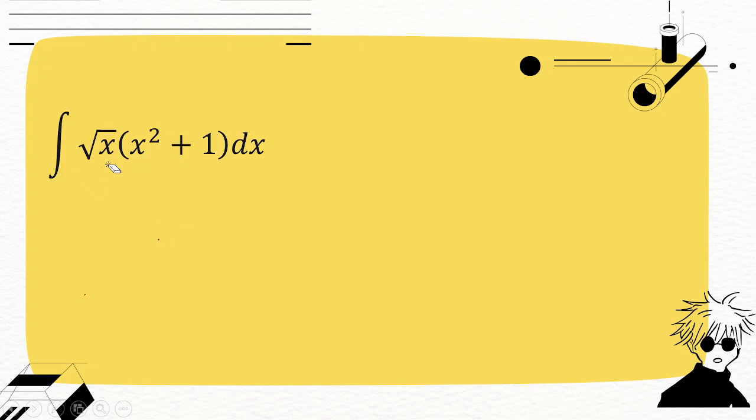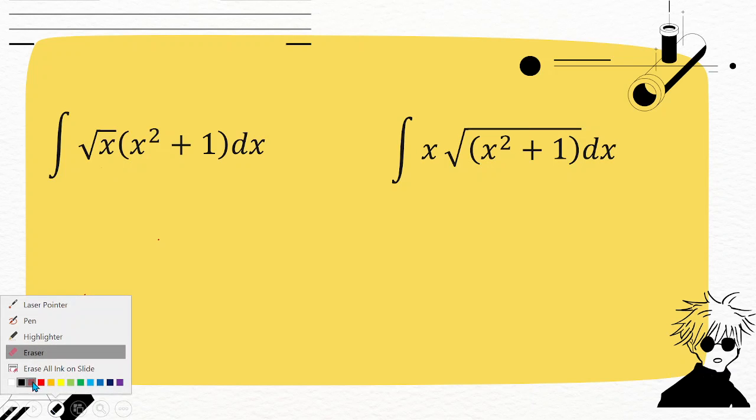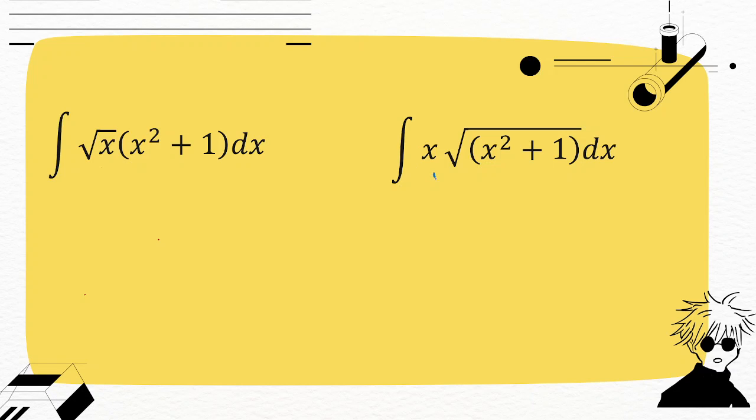However, if the given is this one, can we distribute it inside?